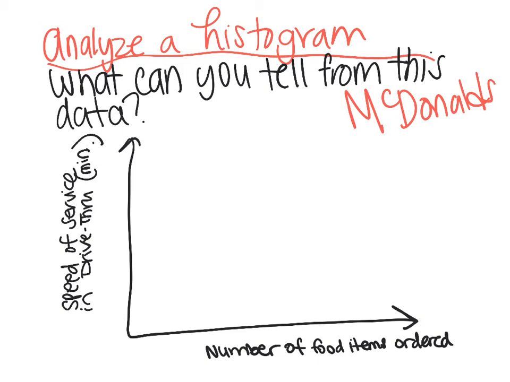And I'm just abbreviating minutes to min there. So we've got a couple different intervals. 1 to 2 items purchased, 3 to 4 items purchased, 4 to 5 items purchased, and 5 to 6 items purchased is what's being compared today. And our speed of service, 1 minute, 2 minutes, 3 minutes, 4 minutes, 5 minutes, 6 minutes, 7 minutes.